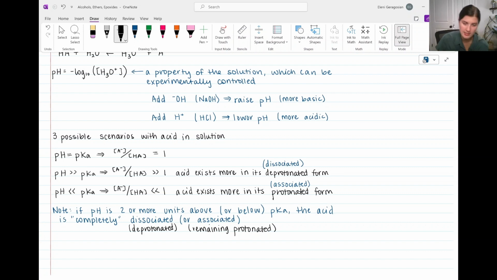So the proton has not been donated. Now I have completely in quotes because it's never completely dissociated or completely associated in reality. There's always some equilibrium, but we can treat it as being completely dissociated.